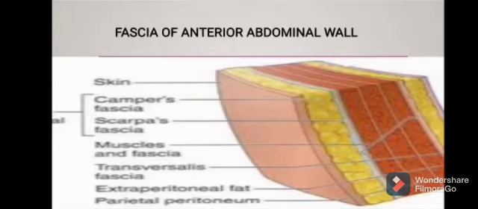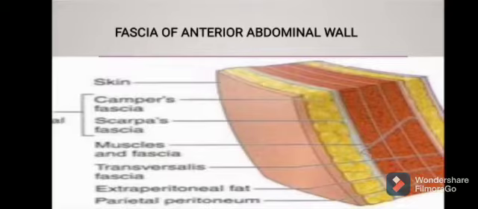So here you can again see the layers of the abdomen. Firstly we have skin, then we have superficial fascia which has two layers. This is the fatty layer, you can see the fat in this layer, and then we have the membranous layer. Beneath them lie the three muscles: external oblique muscle, internal oblique muscle, transversus abdominis muscle.